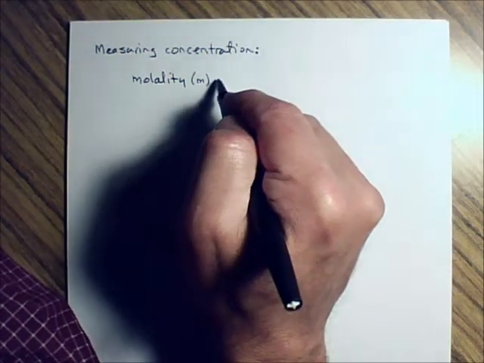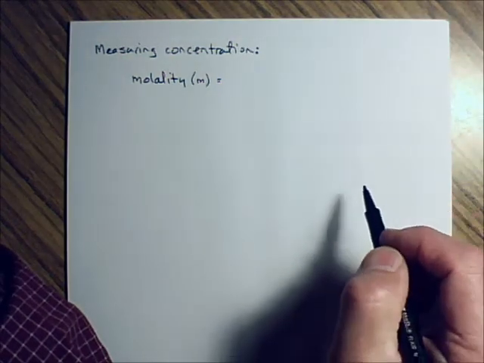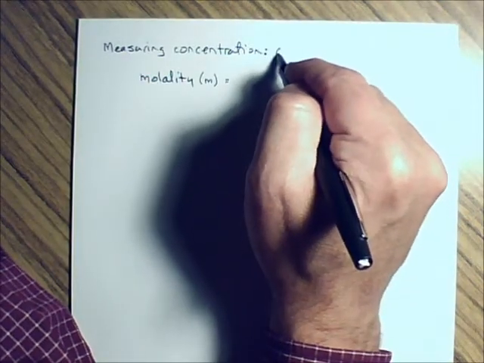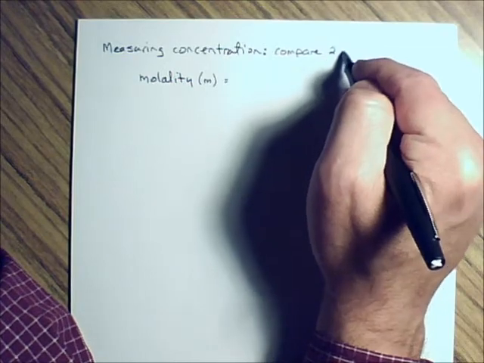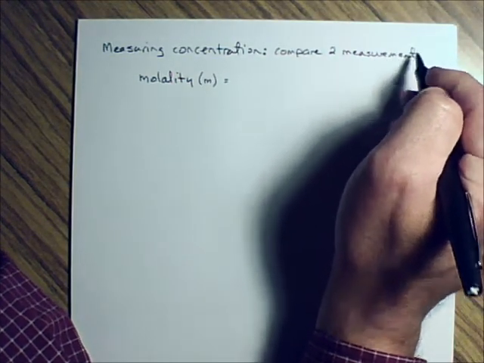Okay, so molality, and as in all concentrations, is a comparison of two different measurements. All concentrations are a comparison of two different measurements. It's a lowercase m, right? Lowercase m.